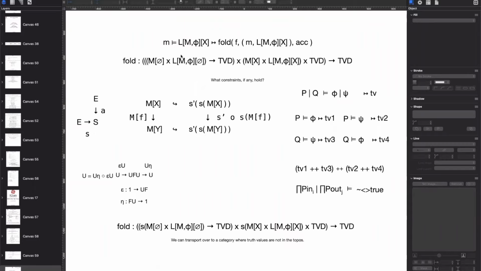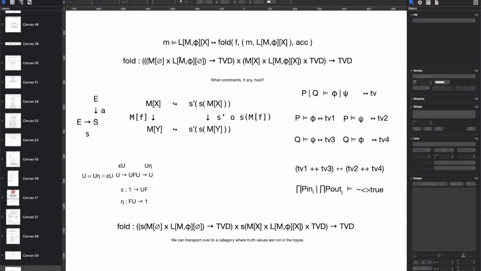Instead, what we'd like to do is to use something like Nick Benton's linear nonlinear situation, and transport over from the topos to some symmetric monoidal category with additional stuff, where the linear mechanisms live.